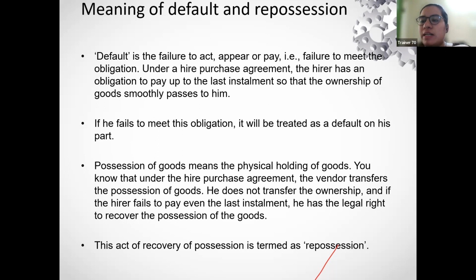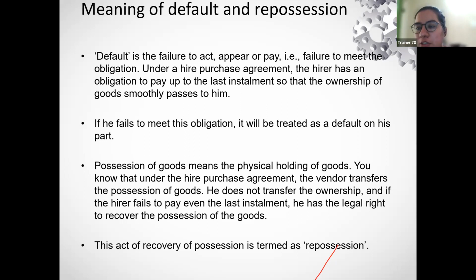Okay. So he will come and he will take away machinery from me. That is repossession. And if I am not paying the installment, I will be the one who will be in default. Okay. That is default and repossession. So default is failure to act, appear, or pay. That is failure to meet the obligation.